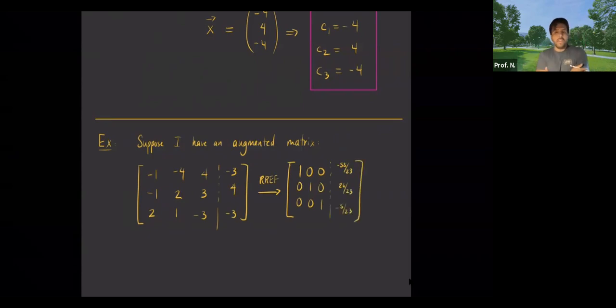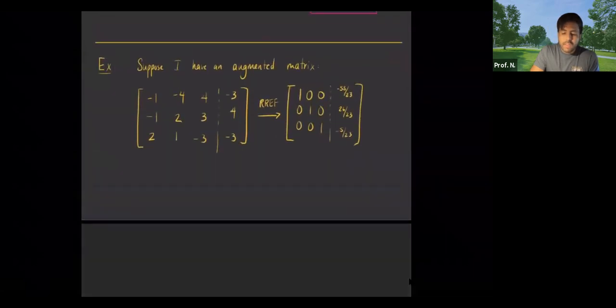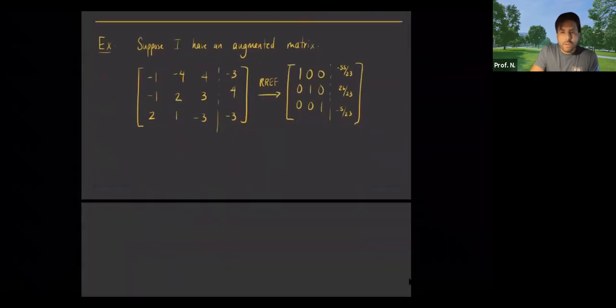Now, the question is not, can you perform the row reduced echelon? Can you perform the row operations upon this matrix to get to this point? That no longer becomes a goal of ours. Now I'm giving this to you. How do you interpret this?